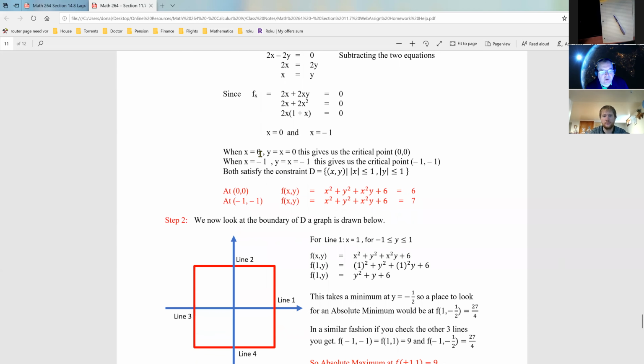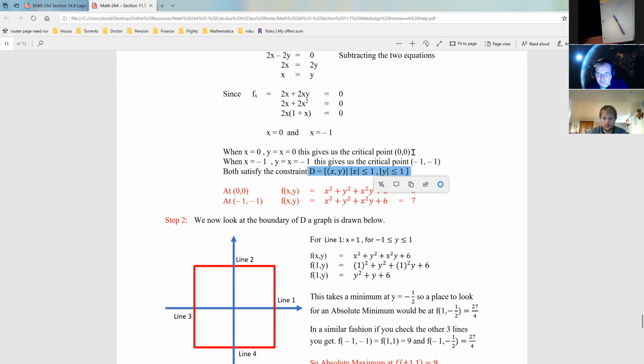Now, when you do x is 0, you get y is 0, which is the origin. And if you do x is -1, y, of course, is the same value, so it's also -1. Now, these 2 points could be the biggest answer in the curve, right? The absolute max. It could be the smallest one, the absolute min. But before I even check that, I should look at these two and now figure out, is it subject to what we call this constraint?